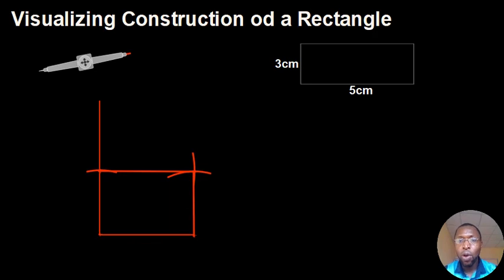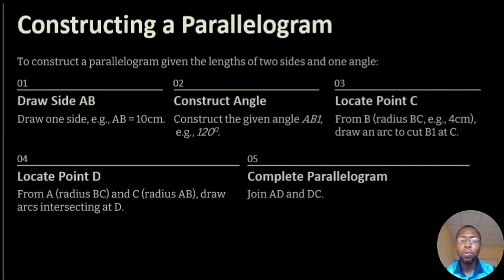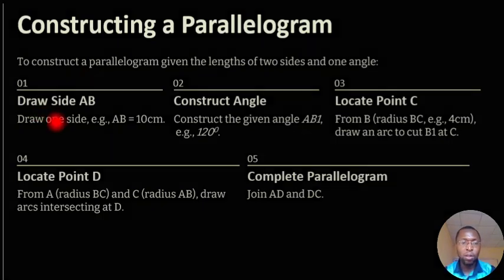Alright? So having done that, let's also talk about how to construct a parallelogram. Number one is to draw the side given to us. When you have to construct a parallelogram, you are given two sides and one angle.